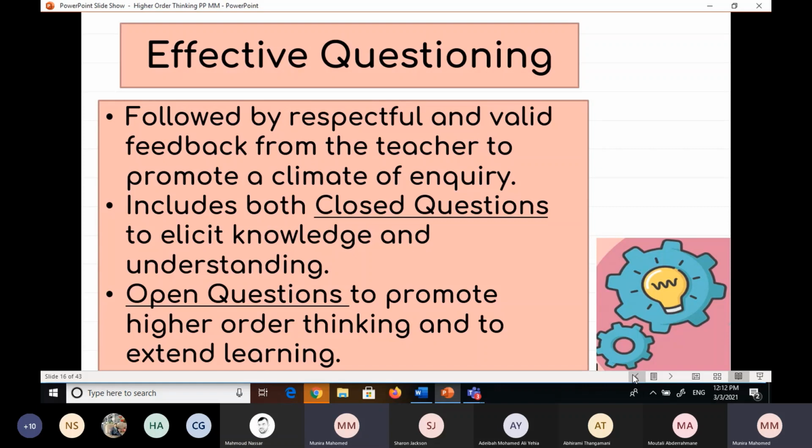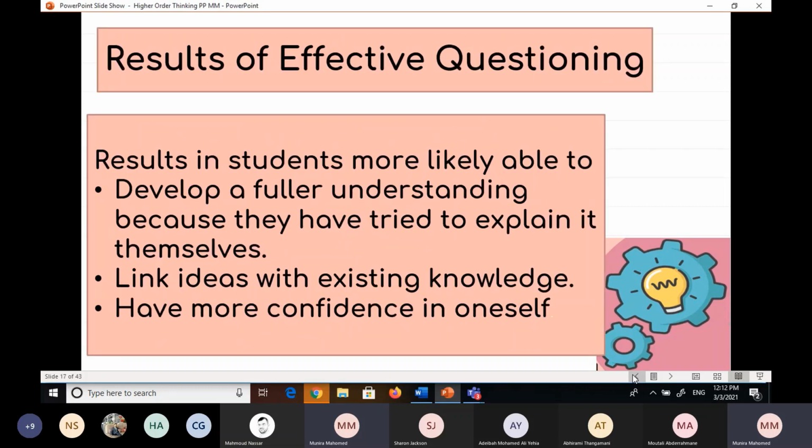Closed questions so that they understand what they've been taught, and open questions to promote higher order thinking and to extend their learning. The results of effective questioning are that students develop a fuller understanding, they become more confident in themselves, and they link ideas with existing knowledge as well. They are allowed to explain it themselves, so they extend their understanding in this way.